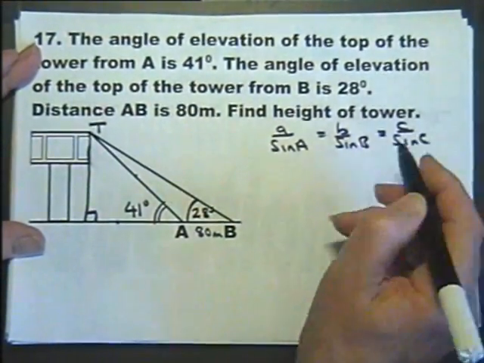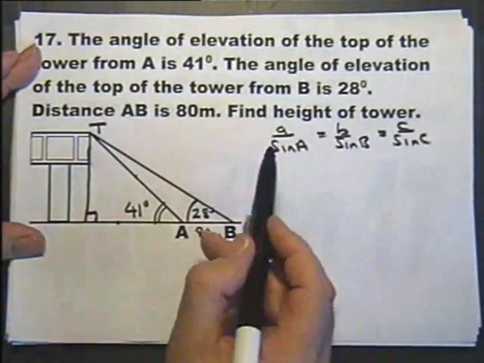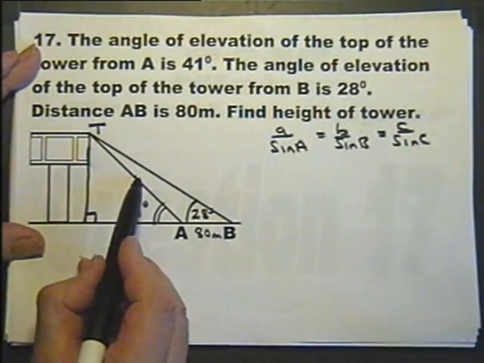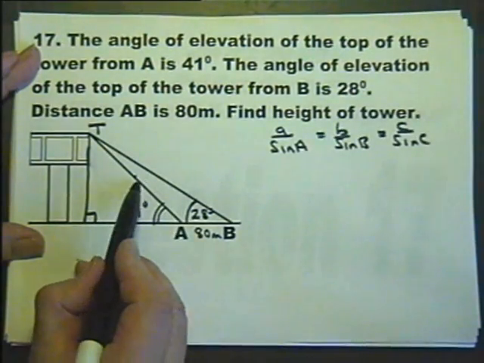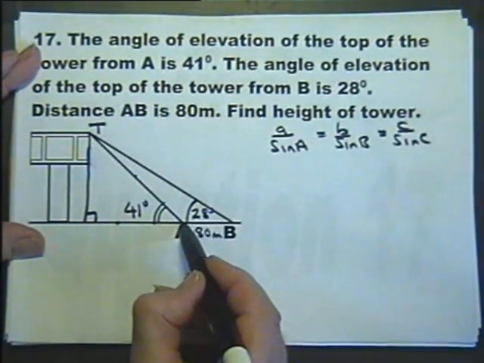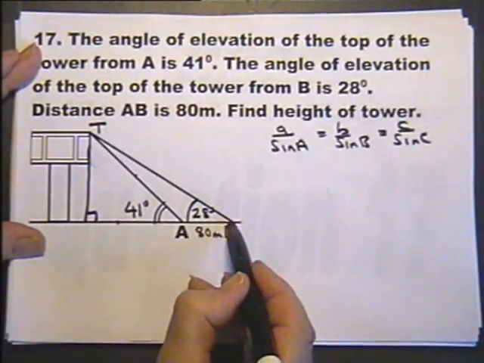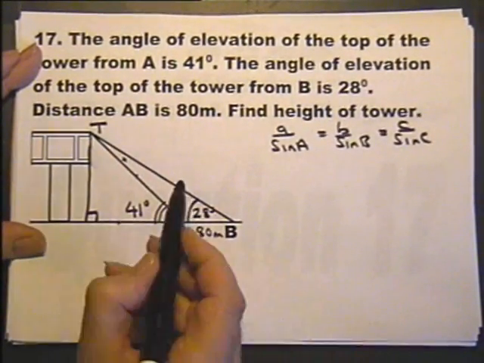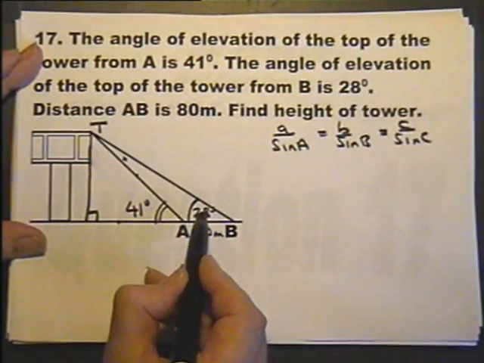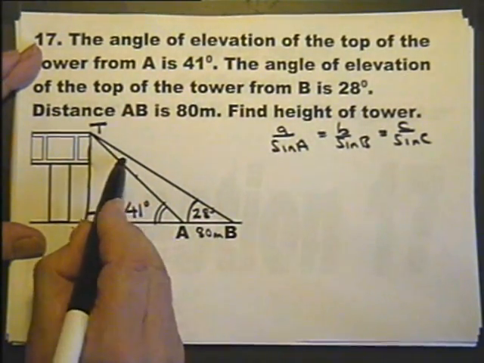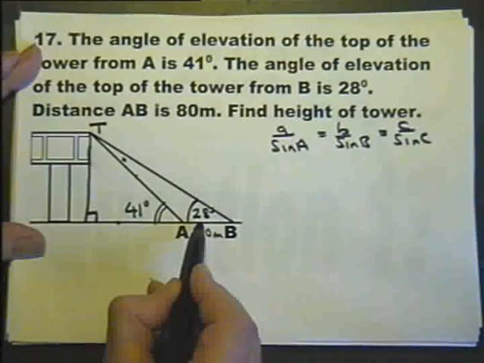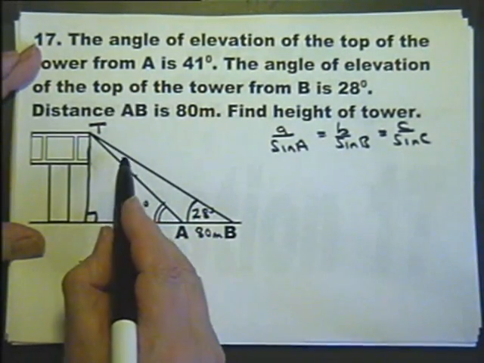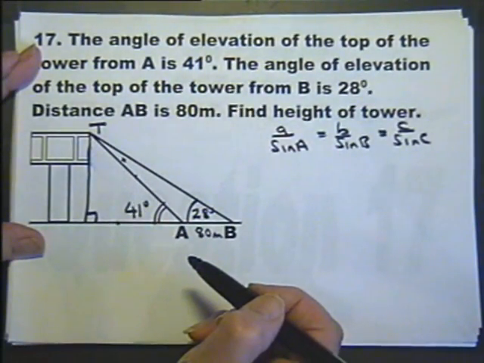For the sine rule I need an angle and the side that's opposite. I haven't got that, but that's what I want to find. This side here is 80, so actually I need this angle in here. That will be my angle and side opposite. There's the angle, there's the side opposite. So the first thing I have to do is find that angle there.